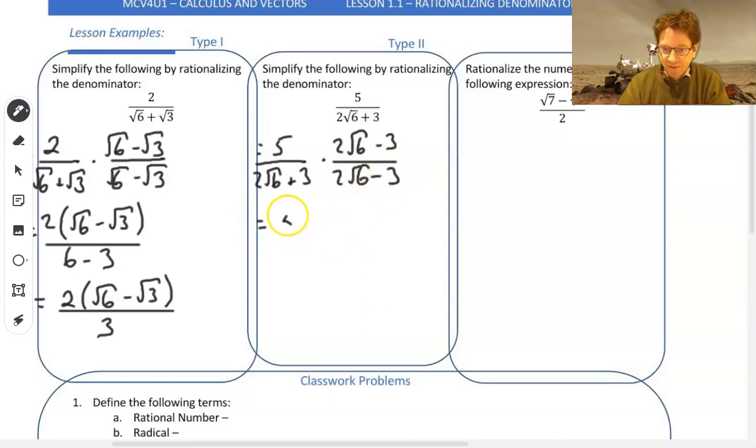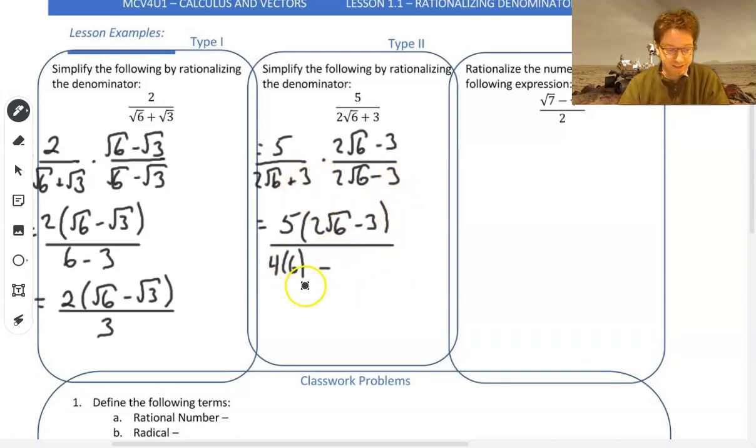So in the numerator we have 5 times 2 root 6 minus 3. Denominator, we have our difference of squares, so that would be 4 times 6, right? Because the 2 is not in a square root. So if we square that term, it's 4 times 6, and minus, again, this is not in a square root, the 3, so it's minus 9. 4 times 6 is 24, minus 9 is 15.